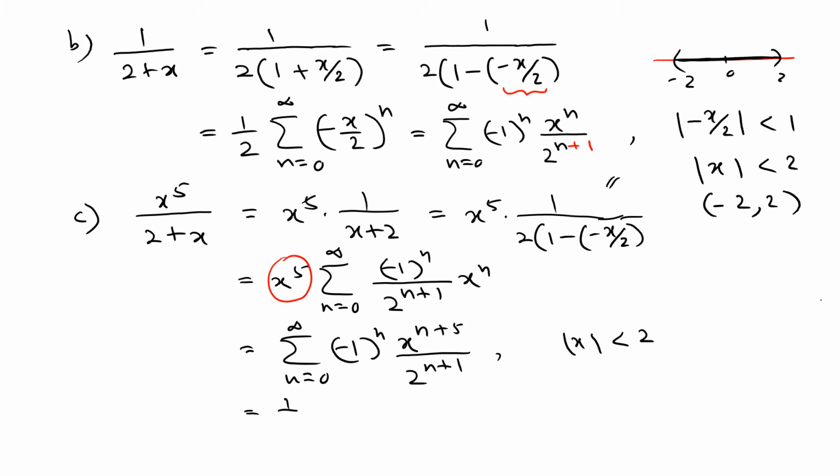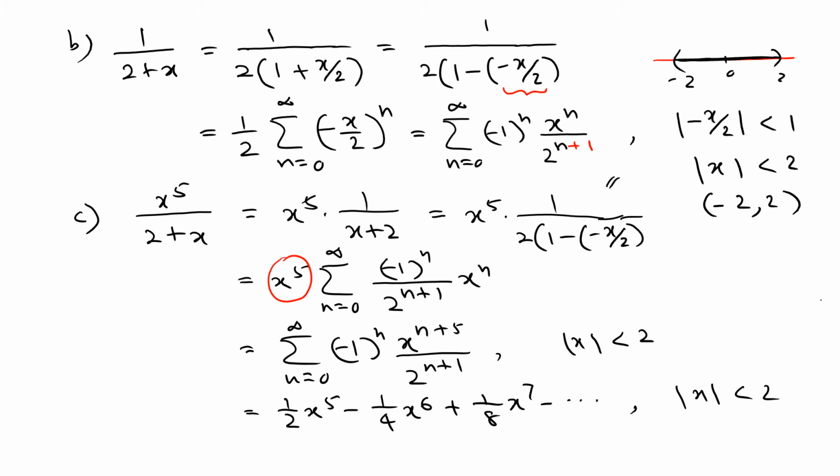So you get 1/2 x to the 5th minus, if you plug in n equals 1, you're going to get 1/4 x to the 6th, like that, and then 1/8 x to the 7th, like that. That's the series you get. And also this is all valid for x less than 2.